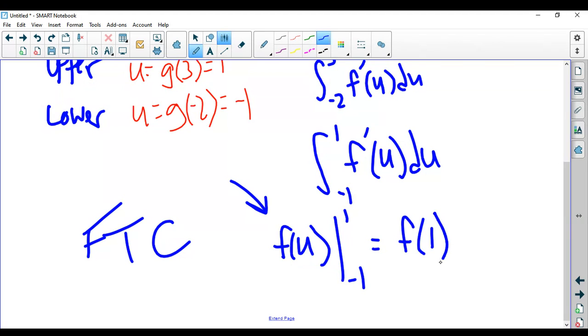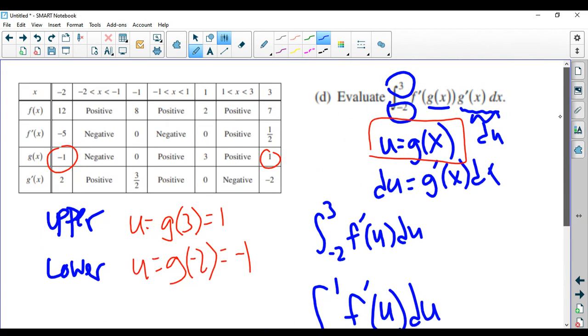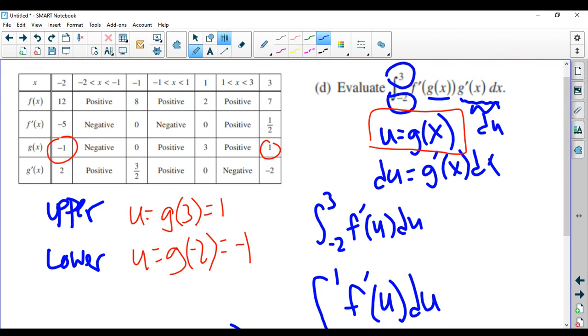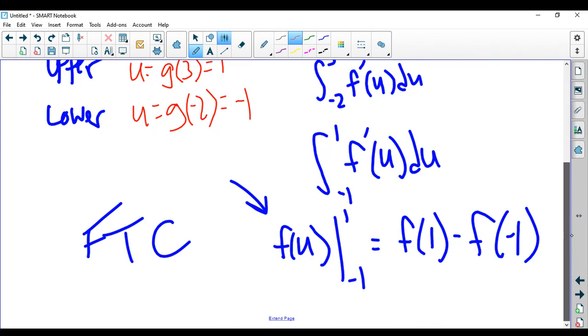This is f of 1 minus f of -1. Those you can get from the chart. F of 1 is 2. F of -1 is 8. So we have 2 minus 8.